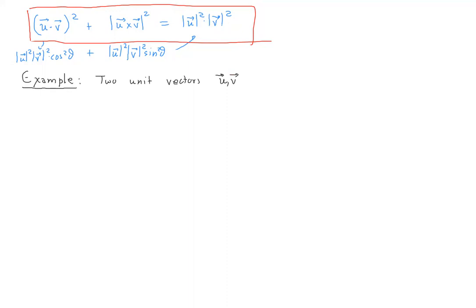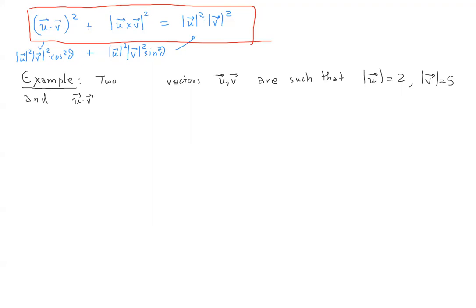So two vectors u comma v are such that the length of u is 2, the length of v is 5, and u dot v, what can I choose for u dot v? Any number between 10 and -10.